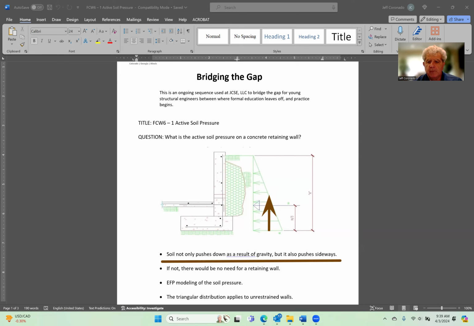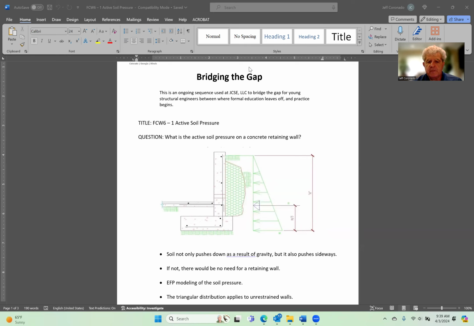Gravity goes down. So the soil exerts a pressure downward, but we don't really care about that. The soil also exerts a lateral pressure, which is what we are showing with this triangle. Actually, let me even back up from the triangle.